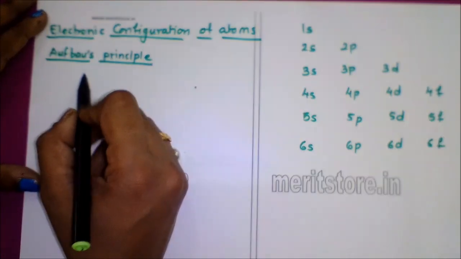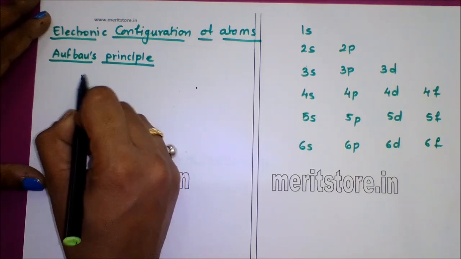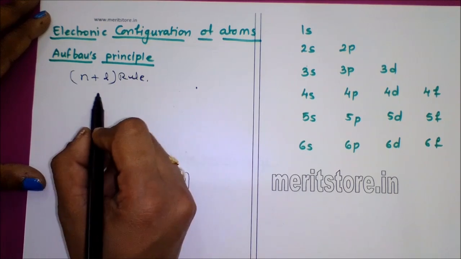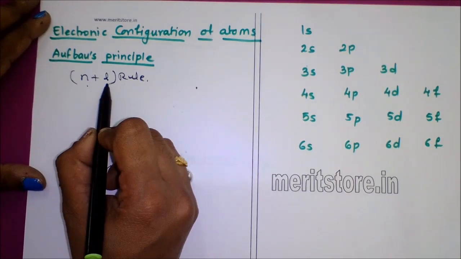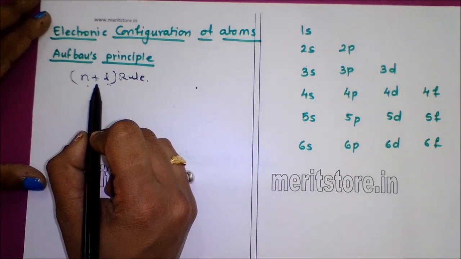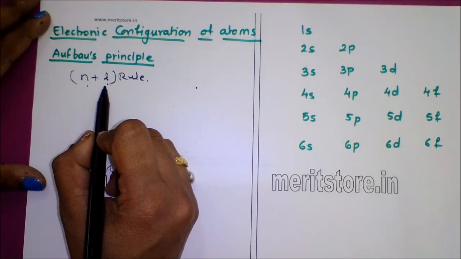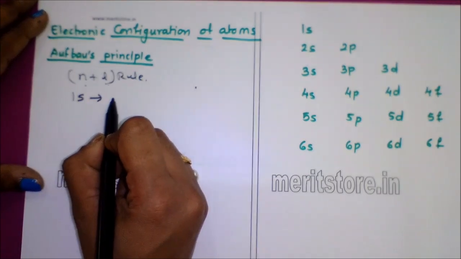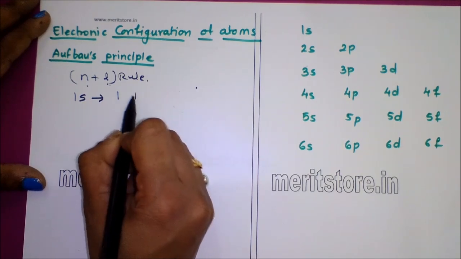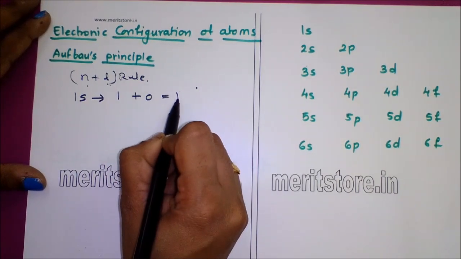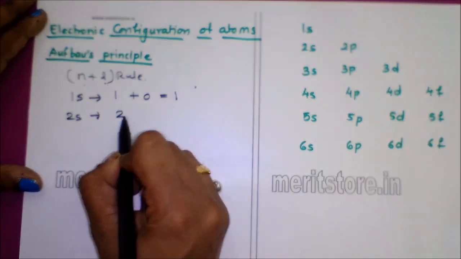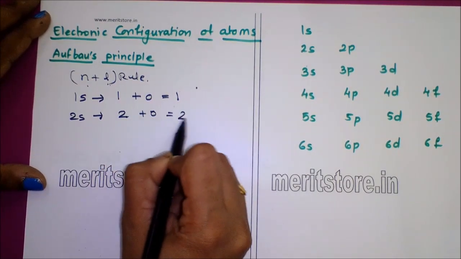These energies can be compared with the formula, the n plus L rule. This n plus L rule says that if the sum of the principal and azimuthal quantum numbers is lowest, then the energy of that particular orbital will also be the lowest. For example, for the 1s orbital, the principal quantum number is 1 and azimuthal is 0, so that equals 1. For 2s, the principal quantum number is 2, azimuthal is 0, so that equals 2.